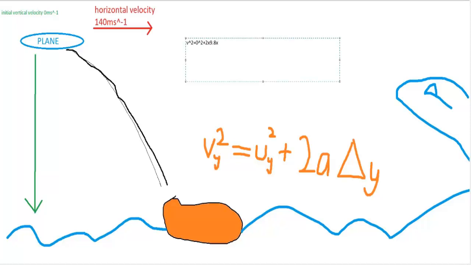Times 1102.5. And then you square root that.